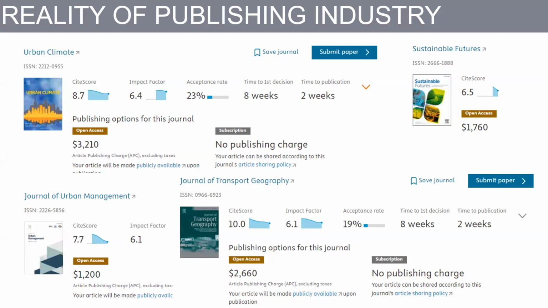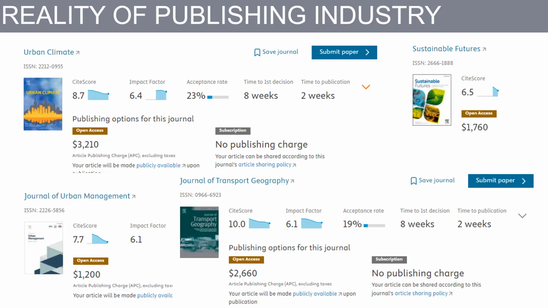I'm not paid for doing this, and I don't have any affiliation with these journals, but I'm just giving you an example of the competition in research. If you look at Urban Climate, the Journal of Urban Management, the Journal of Transport Geography, Sustainable Futures, you can see their CiteScore, impact factor, acceptance rate, time to first decision, and time to publication.